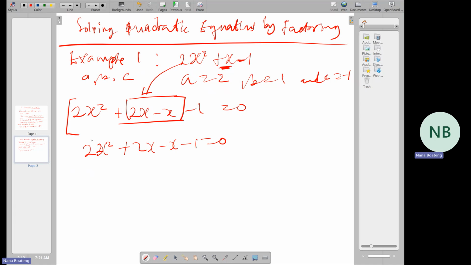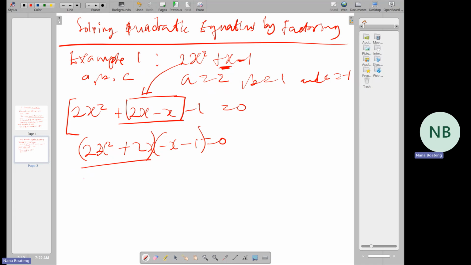So we can factorize these two terms, and also these two terms. We can get a common factor out of them. If we look at the first parenthesis, 2x is common to 2x and 2x squared, right? If we multiply 2x by x, we get 2x squared.